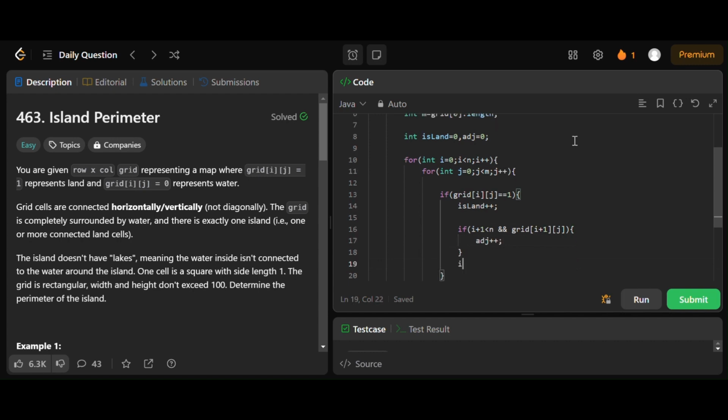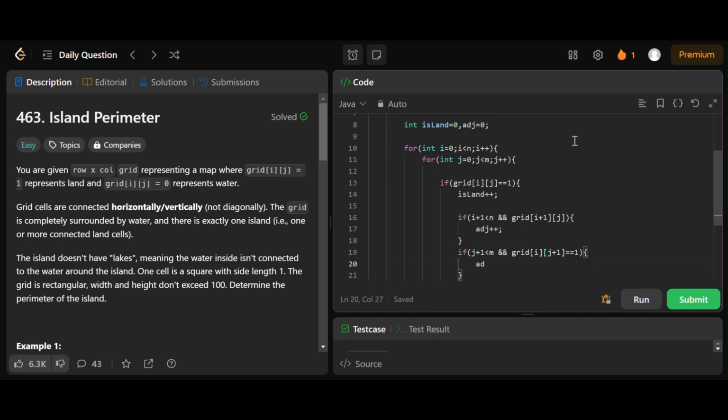And also if I see that my next column is not out of bound and the same row, next column gives me 1, that means this is also part of an adjacency.